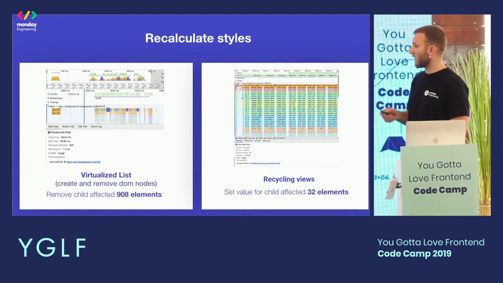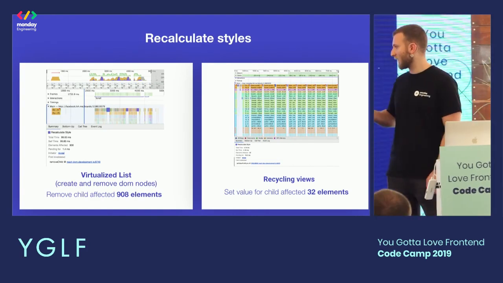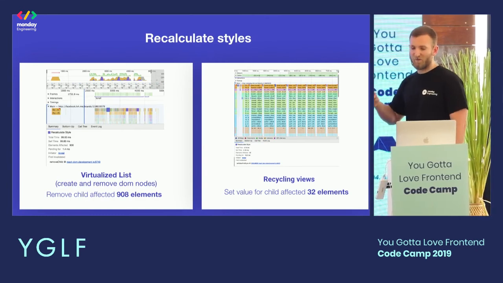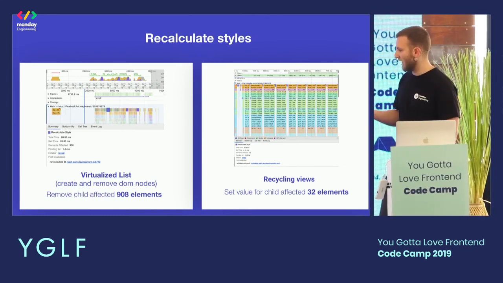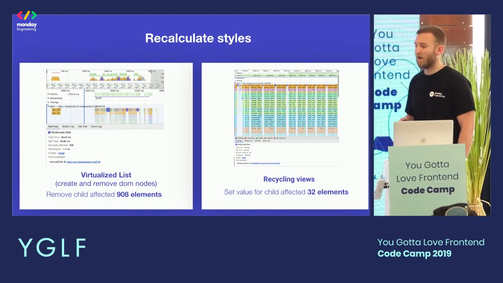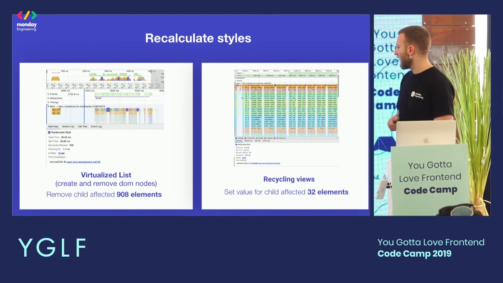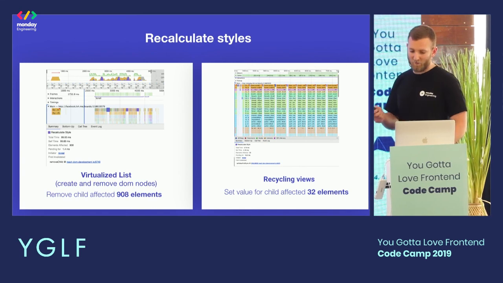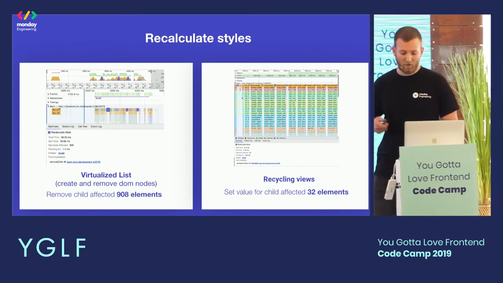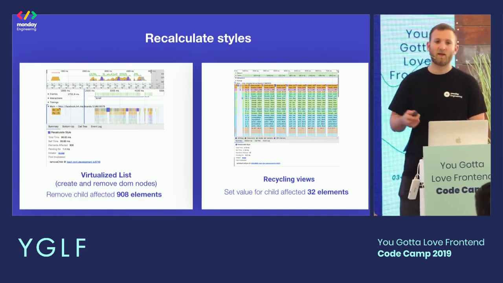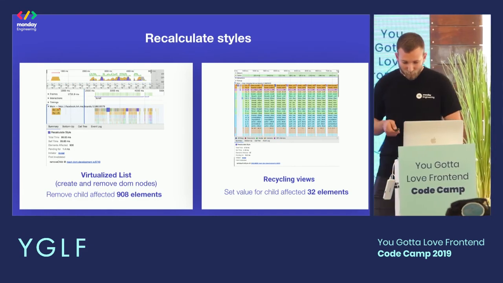In addition, in terms of recalculating styles, we saw that in the virtualized list, once we remove the first element in the list, we need to recalculate the styles of the elements. We saw that we affected 900 elements. In recycling views, we affected only 32 elements because we just updated the new element that replaced the existing element in the DOM.